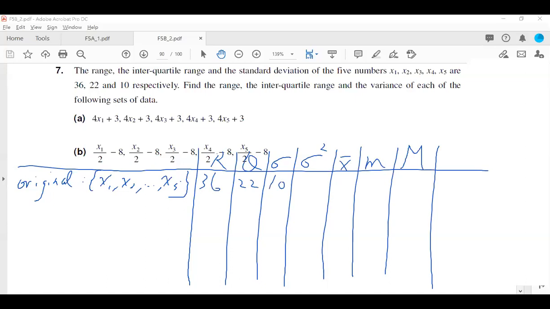So sigma square will be 100, okay? And then we just let x bar to be the mean, small m to be the median, and then capital M to be the mode, okay? And then, so what is the change?